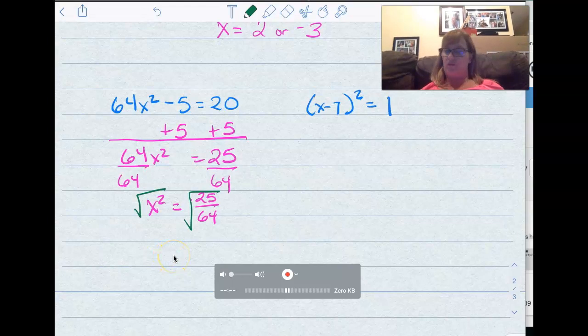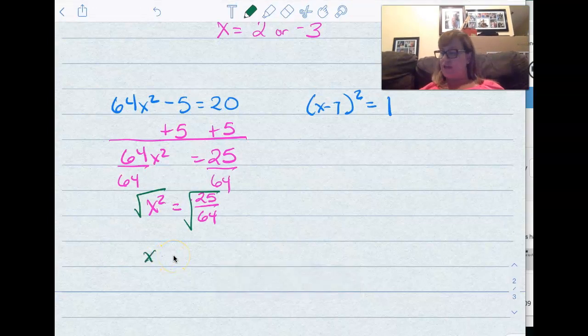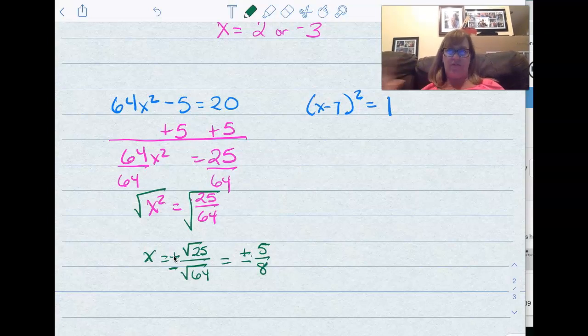Remember, if we're taking the square root of a fraction, that is the same as saying the square root of the numerator divided by the square root of the denominator. Remember, this is a positive or negative situation here, right? So this is going to be x equals a positive or negative 5/8. Because 5 is the square root of 25, 8 is the square root of 64.